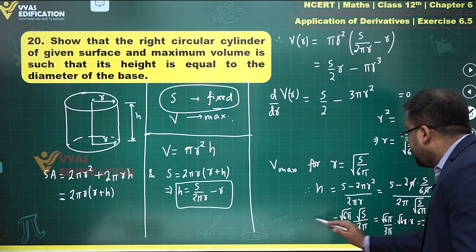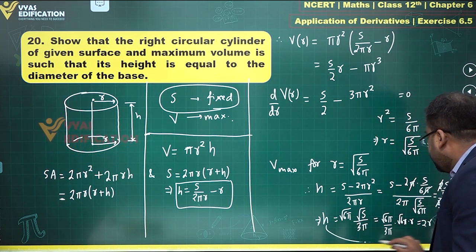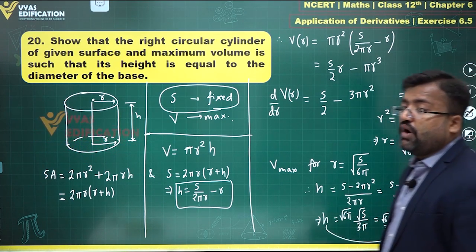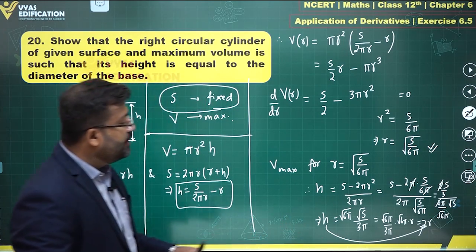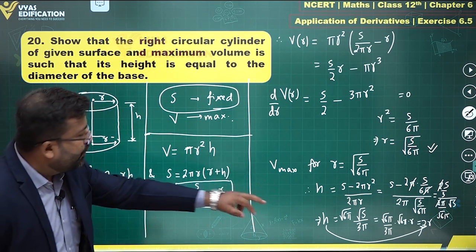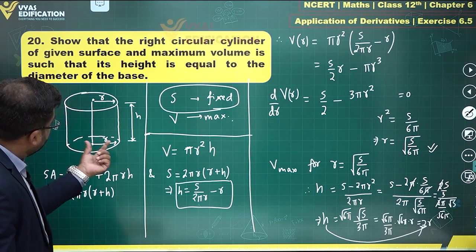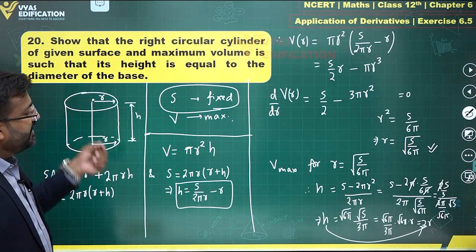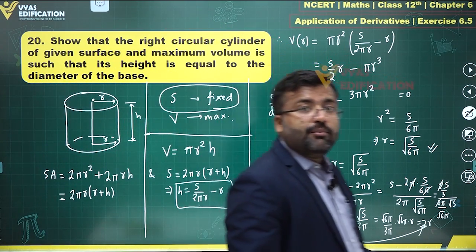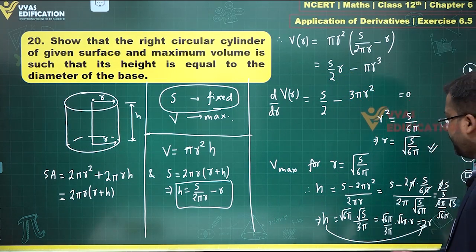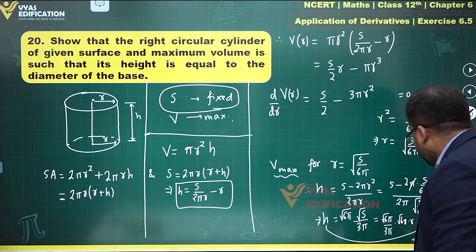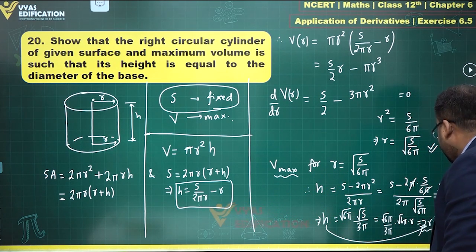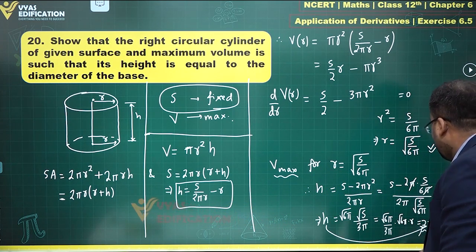This is 2r, this tells me h is actually equal to 2r. This is for the case of maximum volume. The height will be equal to twice the radius, which is the diameter, and that is what we wanted to prove in the original question. Therefore for V max, r is this, h is this, which simplifies to 2r, and that's the complete proof.